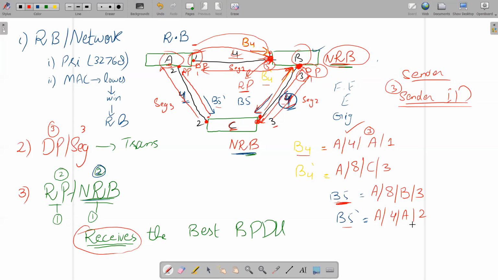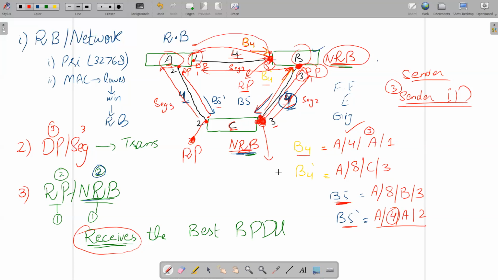Now, guys, who is going to win the election? Absolutely B5 dash, because it has the lowest cost. That means in this non-root bridge, this would be elected as the root port. And guys, what is left? To which port didn't we allocate any role? Yes, that one, the bad one.